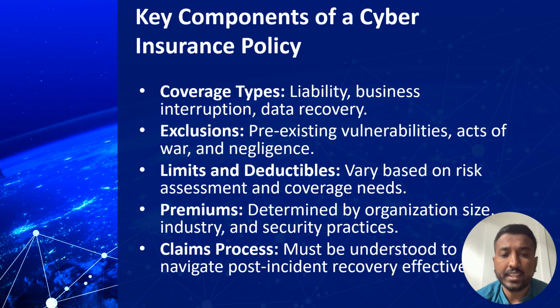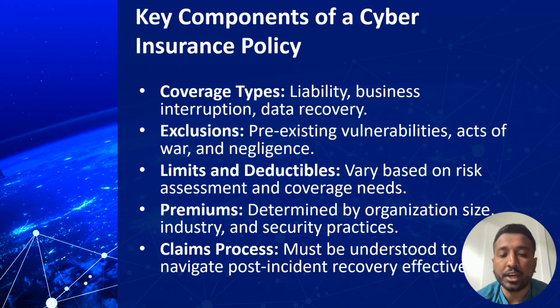In this slide, we are discussing the key components of a cyber insurance policy. When considering a cyber insurance policy, there are several key components to be aware of. Coverage types can include liability, business interruption, and data recovery. It is also important to understand the exclusions, such as those related to pre-existing vulnerabilities, acts of war, and negligence.